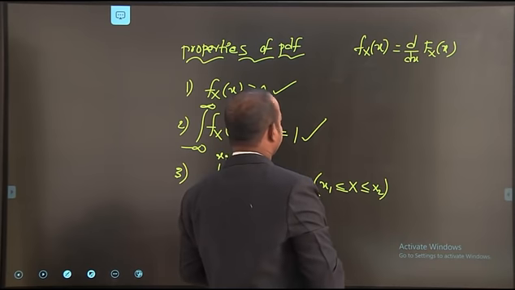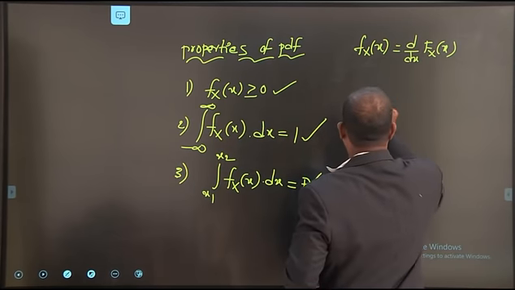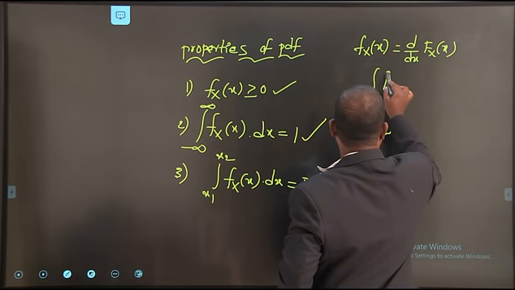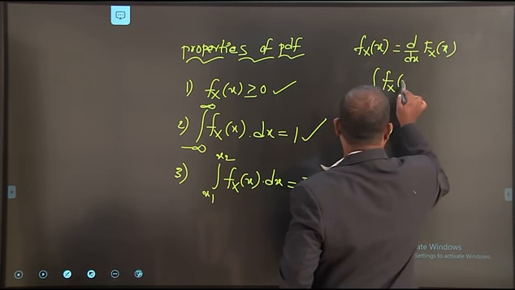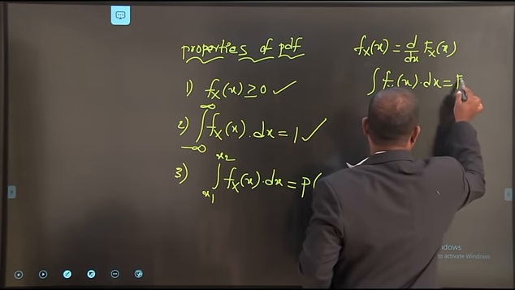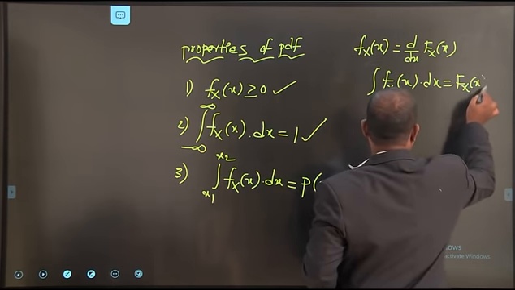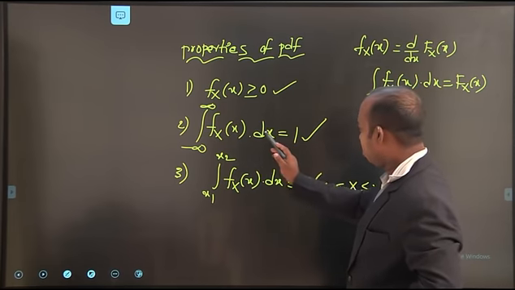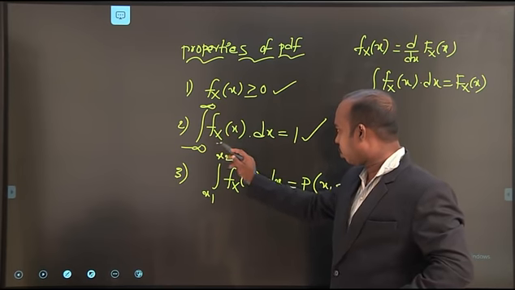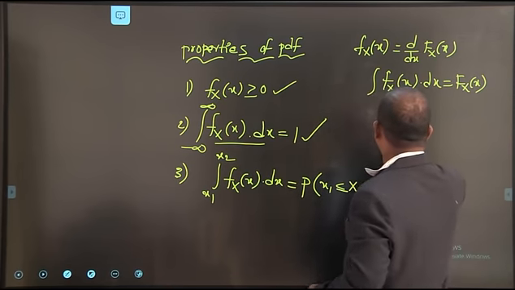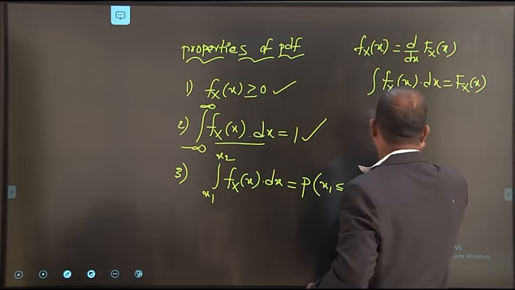From this we are writing the integral of fx of x into dx is equal to capital Fx of x. For this, we have to replace this entire function with the distribution function, that is capital Fx of x.